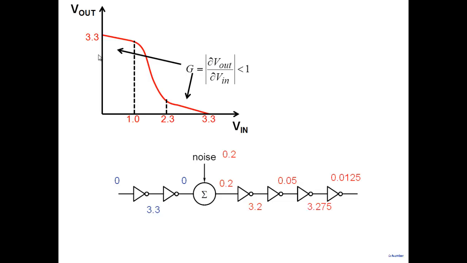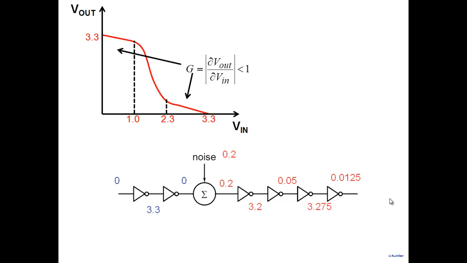So you can see that when the gain is less than 1 in this region or in this region, if you do inject a noise, the system recovers. Note that as you can see here, this is 0.2. The logic 0 level got corrupted, but eventually the logic 0 level becomes 0.05, 0.0125, and eventually it will recover and come back to 0. And similarly, the logic 1 got corrupted, yes, 3.2, but then 3.275, eventually it comes back to 3.3.